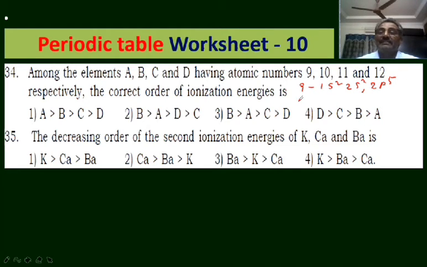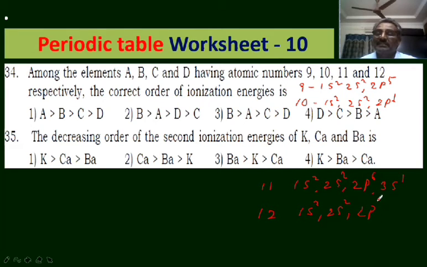With 10, 1s2, 2s2, 2p6. With 11, 1s2, 2s2, 2p6, 3s1. With atomic number 12, the electronic configuration is 1s2, 2s2, 2p6, 3s2.